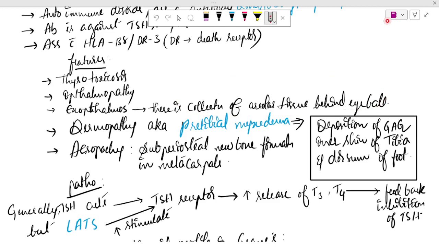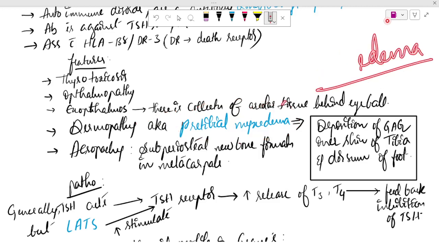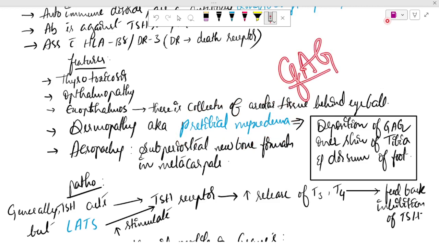Right? Now there will also be one condition, that is dermopathy. Dermopathy is shown with a condition called pretibial myxedema. Remember, this is not an edema. Don't think it is a type of edema. Pretibial myxedema means there will be deposition of glycosaminoglycans over the shin of tibia.